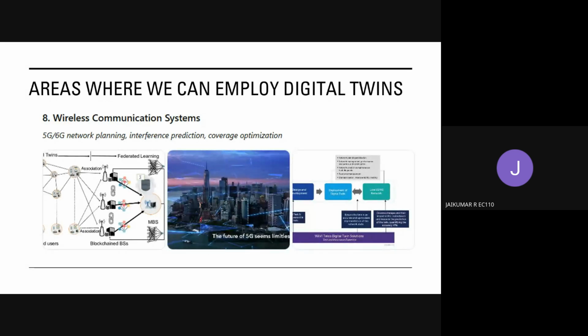You can have an entire digital copy of your communication system. That will make communication effective in your 5G or 6G network, and you can easily avoid noise, predict interference, and have maximum coverage in your entire communication system.